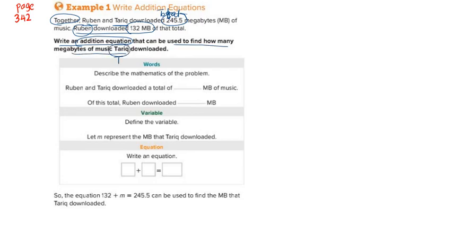We want to find this, so we'll use the variable t. t represents how many megabytes Tariq has downloaded, plus we know Ruben already downloaded 132 megabytes, and altogether we know the total is 245.5. So 132 represents Ruben's downloads, 245.5 represents the total downloads, and t represents Tariq's downloads.